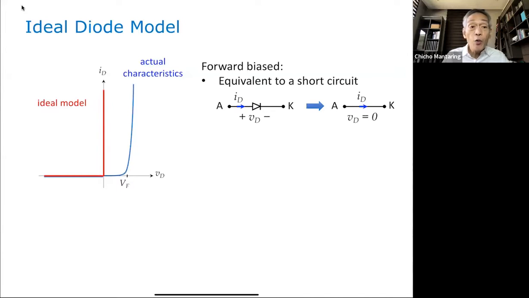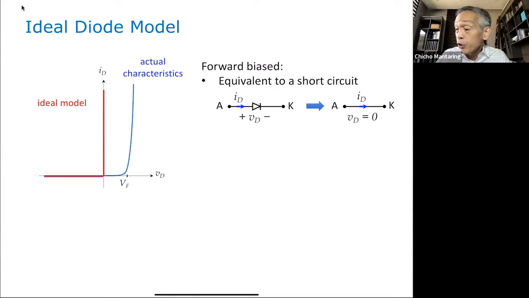When the diode is forward biased, meaning the voltage that you apply across the diode tends to be positive, then we say that the diode is equivalent to a short circuit.